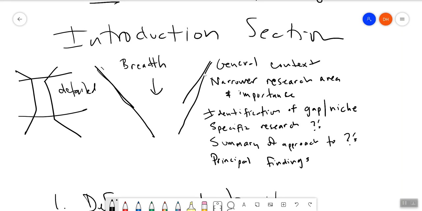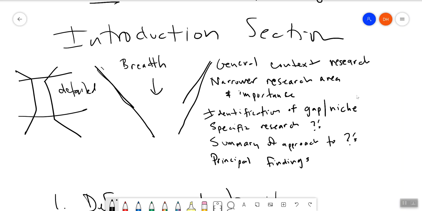But the introduction section wants to do these things. It wants to outline the general context of the research, of the experiment, of your overall aim. And so once again, here the breadth is as general as you want it to be. You then move, and notice here, it's increasing in its specificity. You want to then narrow the research area and importance. Why this experiment?